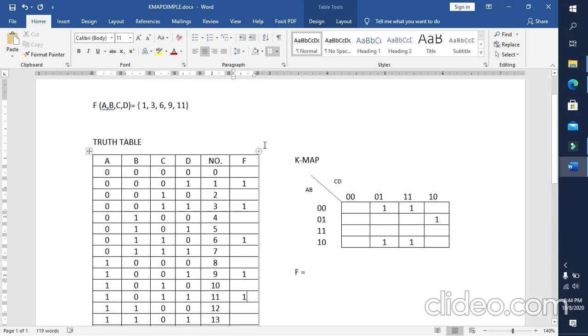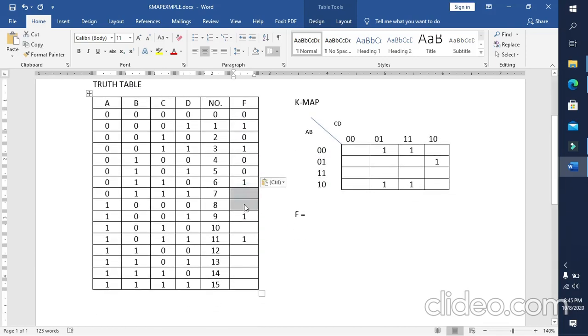So, ang equivalent number na may output na 1 ay 1, 3, 6, 9, and 11. Okay. The rest, ang ilagay mo is only 0. So, this is now your equivalent truth table. Okay?